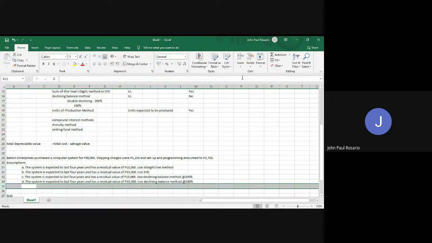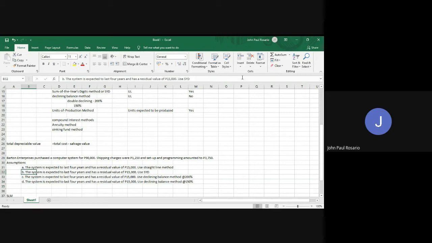Lastly, our E. For our E, the system is expected to be used for 8,000 hours.